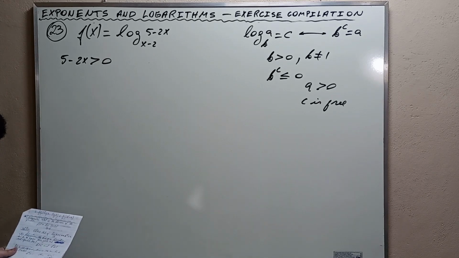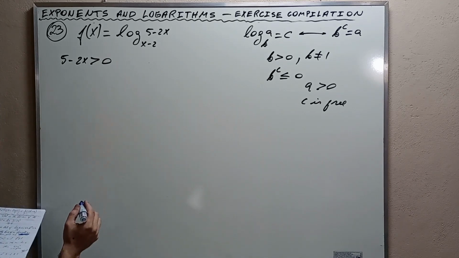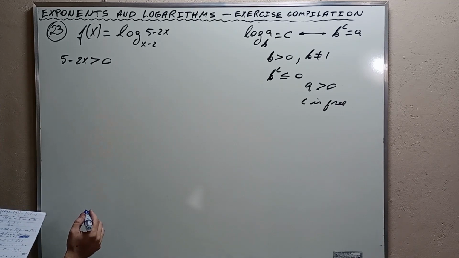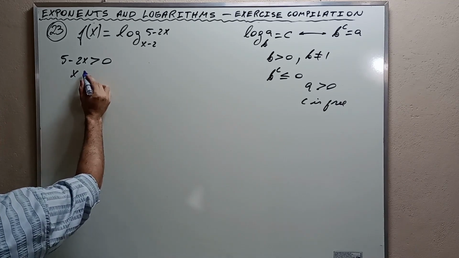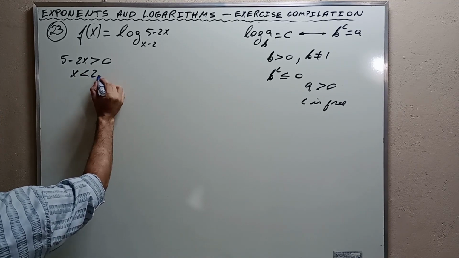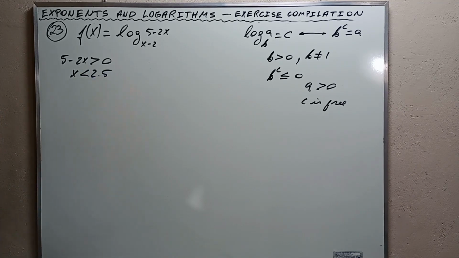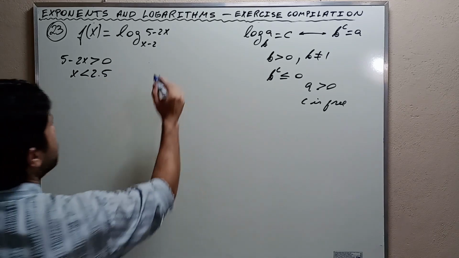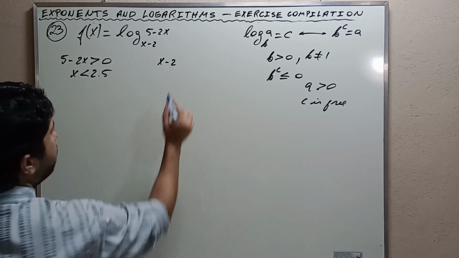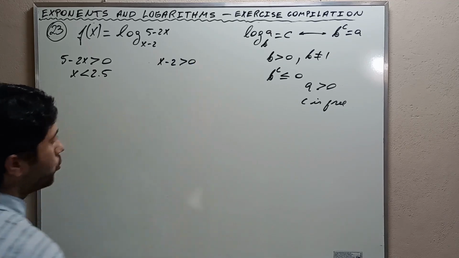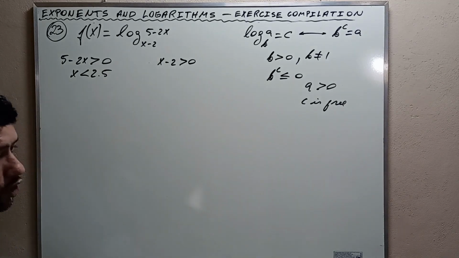Thus, x has to be less than 2.5. And how about the base? X minus 2, the base, has to be greater than 0, but additionally, the base must not be 1.